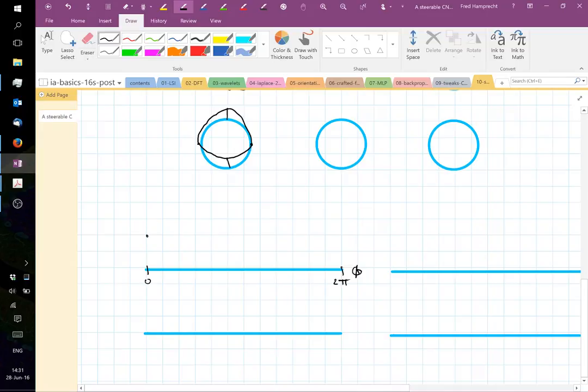So the cosine, here's my zero crossing. I'm trying really hard to make a nice cosine for you.